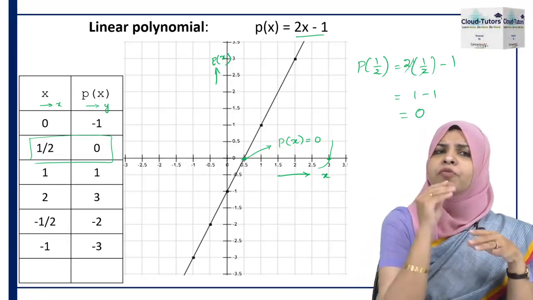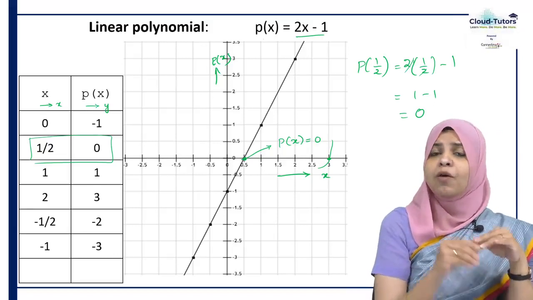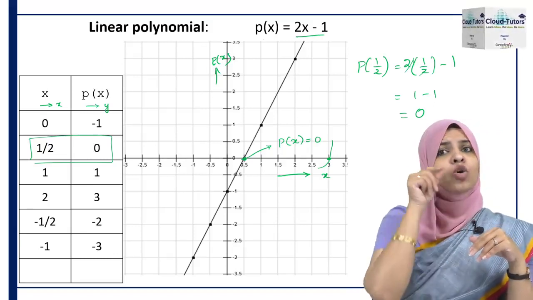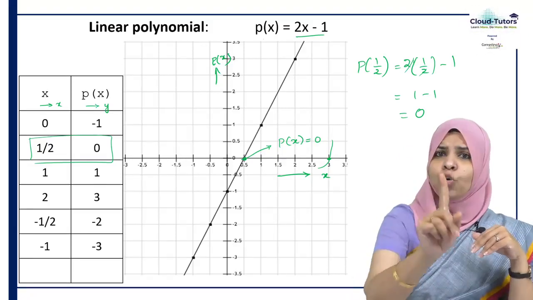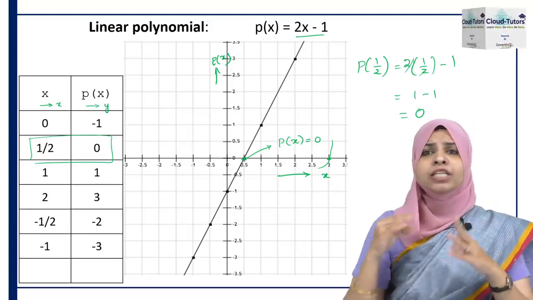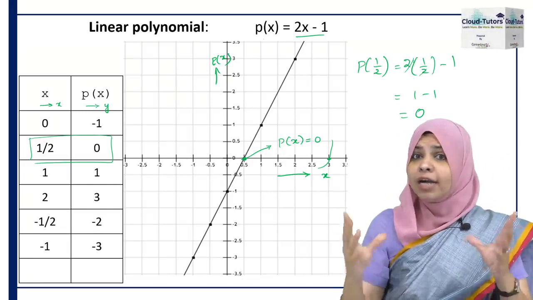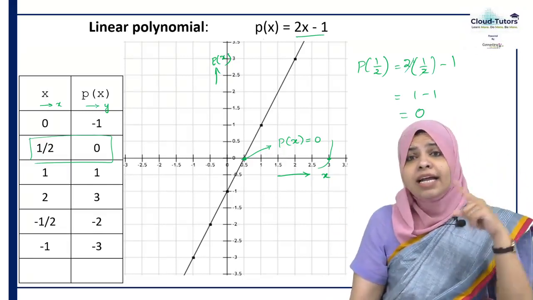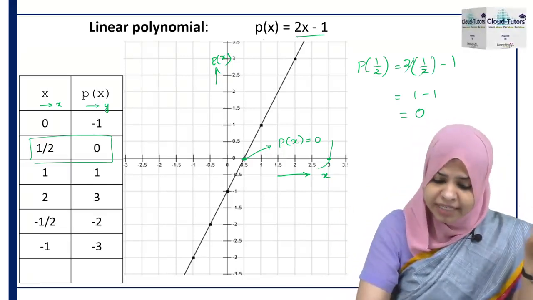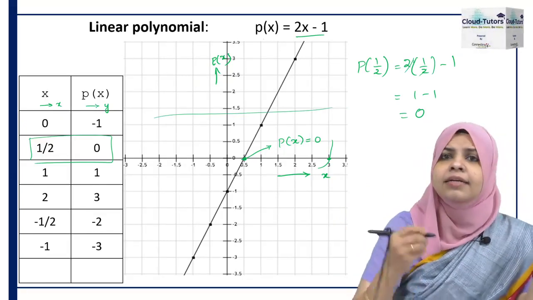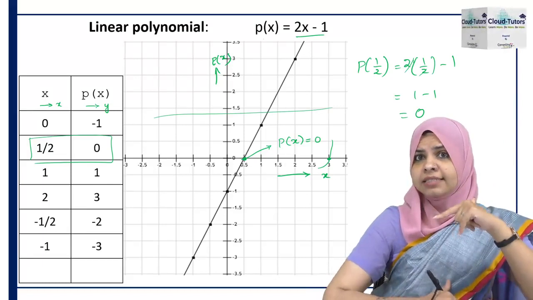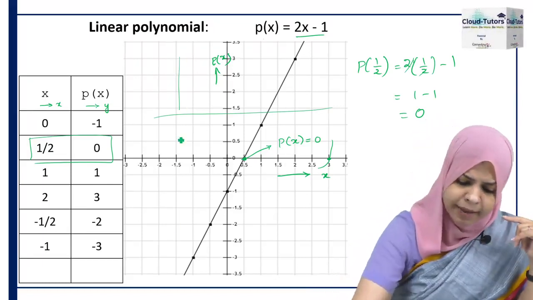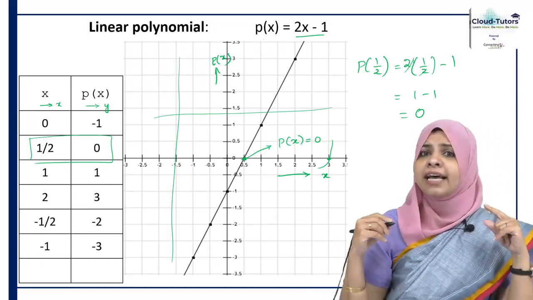Okay, so for a linear polynomial, what is the degree here? 1. So it will cut the x-axis exactly at 1 point. If it is quadratic, not necessarily does it have to cut exactly at 1 point. For another example, if I take, it might cut here. It could be parallel to the x-axis, or it could be parallel to the y-axis as well.